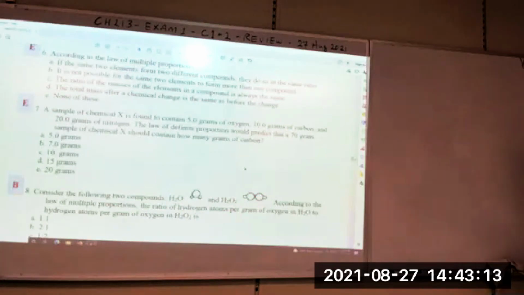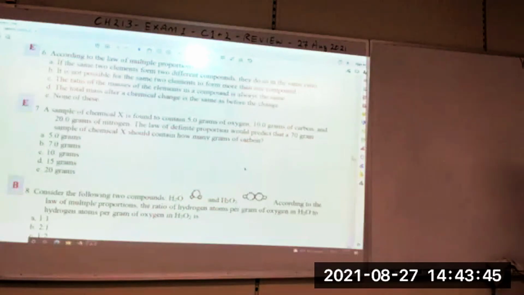According to the law of multiple proportions, the ratio of hydrogen atoms per gram of oxygen in H2O to hydrogen atoms per gram of oxygen in H2O2 is what? Well, let's see. If we hold the hydrogens constant, then the oxygens are going to be a ratio of 1 to 2.